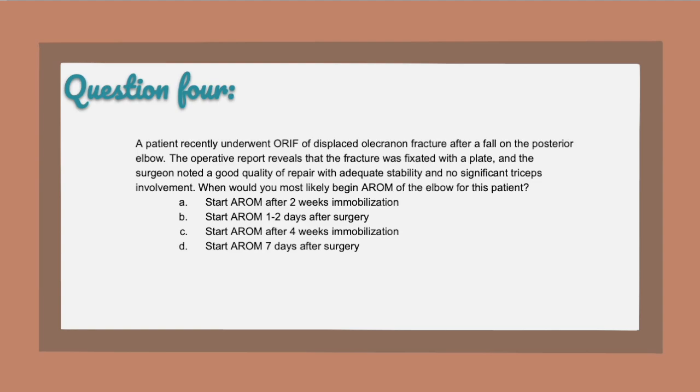A. Start active range of motion after 2 weeks of immobilization. B. Start active range of motion 1 to 2 days following surgery. C. Start active range of motion after 4 weeks of immobilization. D. Start active range of motion 7 days after surgery.